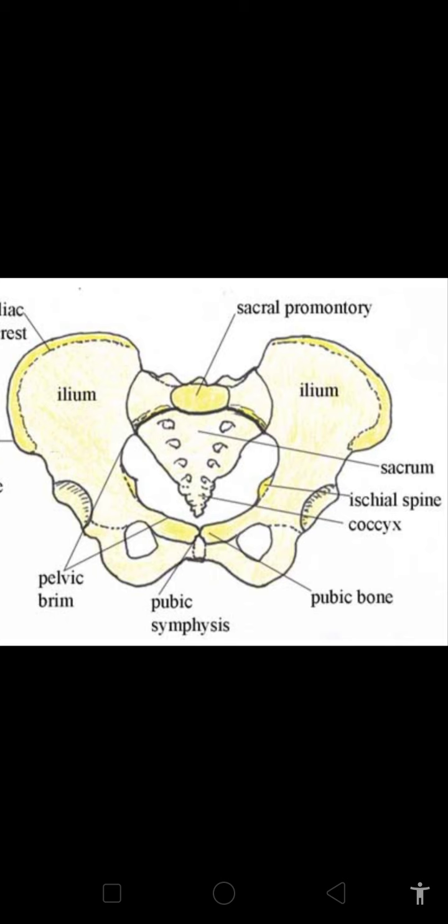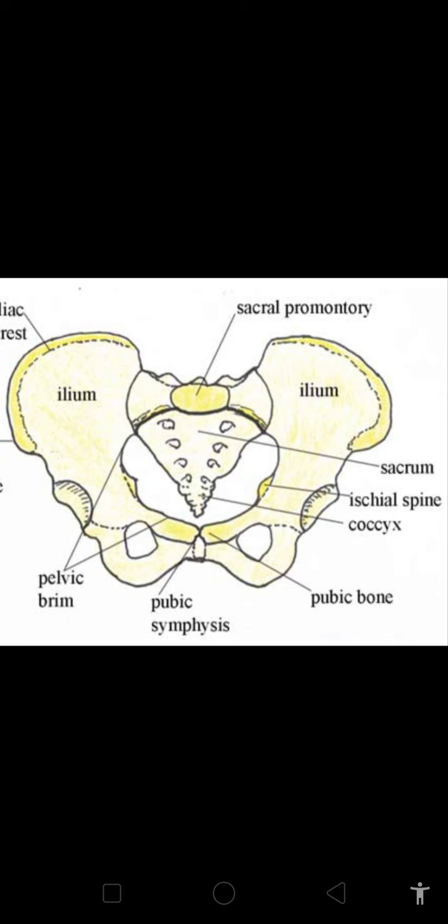The next type of outlet is the obstetrical outlet. This we need, as the obstetrical outlet is of significance for us in OBG. It has greater practical significance because it includes the narrow pelvic straits through which the fetus must pass.